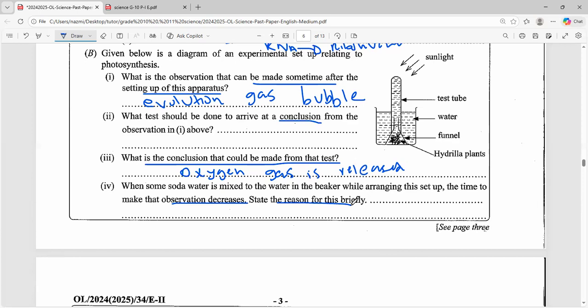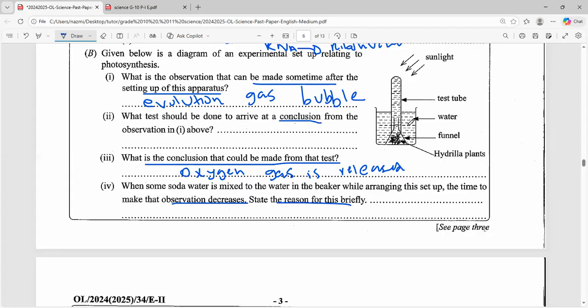Now here, if you mix some soda water, what is there in soda water? Soda water has dissolved carbon dioxide. That's in your grade 11 third unit, I guess. They talk about soda water and how carbon dioxide dissolves in it. So if you are putting in soda water, you are increasing carbon dioxide in the water.